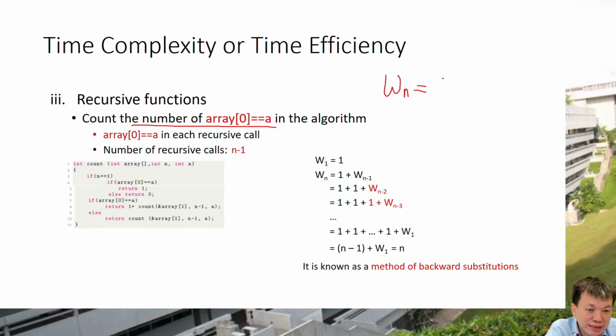If I want to know the number, based on this particular recursive call, I do one time, and then I need to know the total number when the problem size is n minus 1. What is the number of operations? Then plus the current one, which is 1. So it's backward substitution. In the end, you get the base case, W1 equal to 1. Then you get the answer. That's the so-called backward substitution.